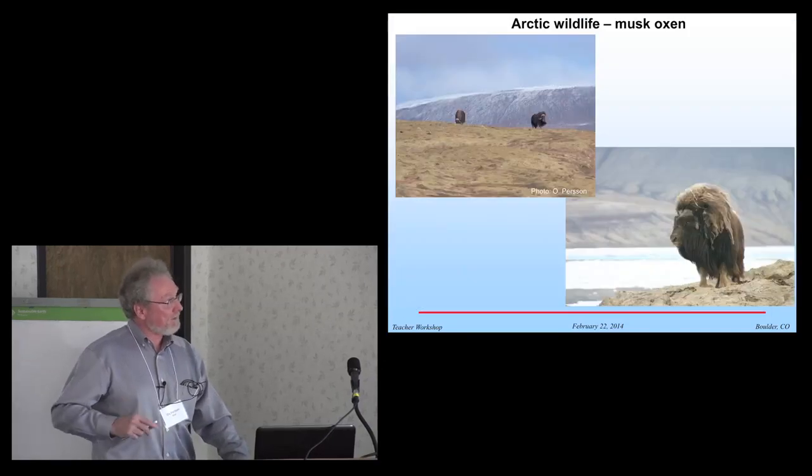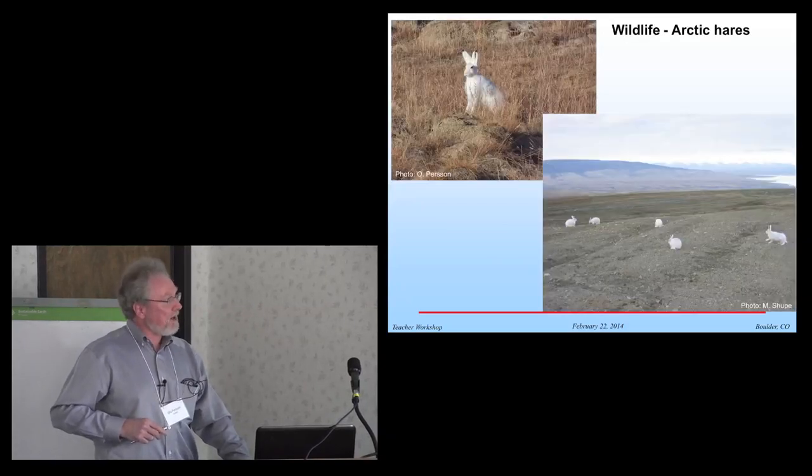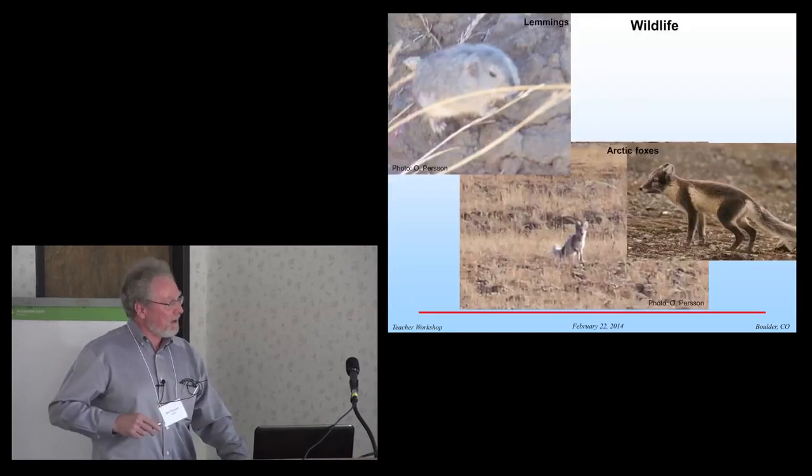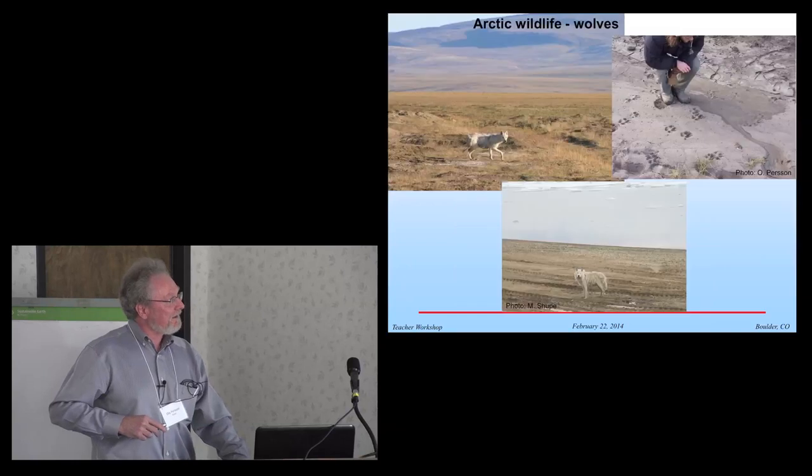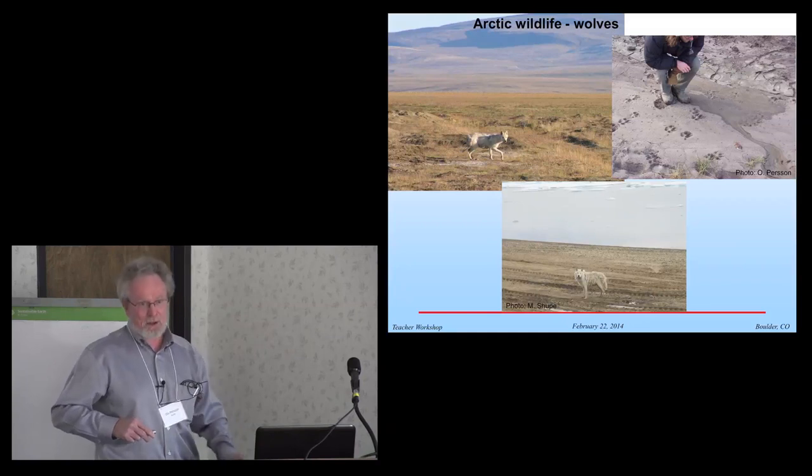And also what lives up there, wildlife. Musk oxen. This is again on Ellesmere Island at Eureka. Arctic hares, the herds of them. Lemmings, Arctic foxes. Wolves. And they're very curious. These are tracks around one of the Eureka Tower.